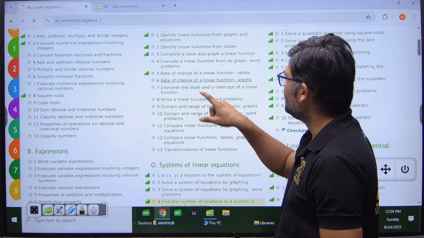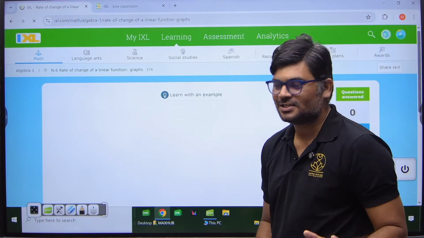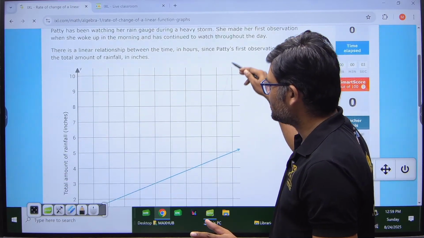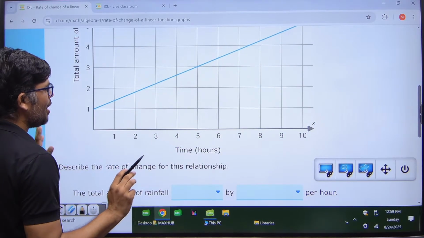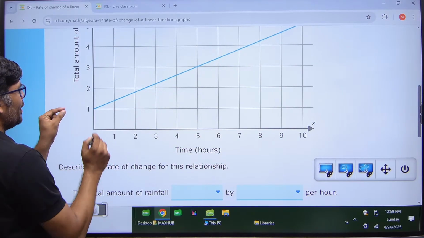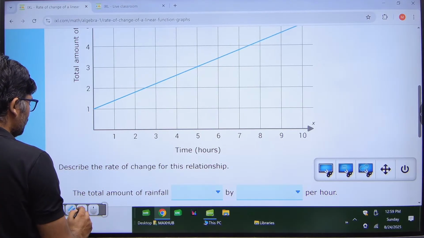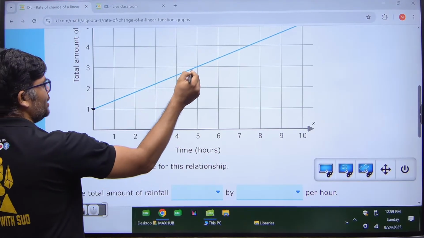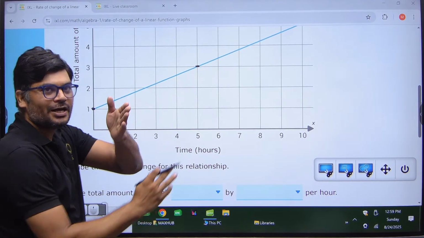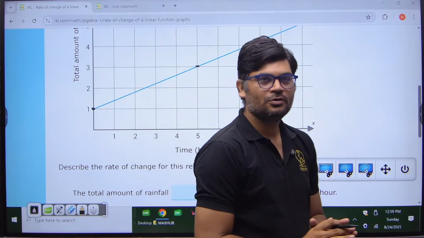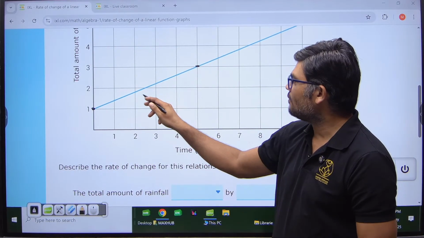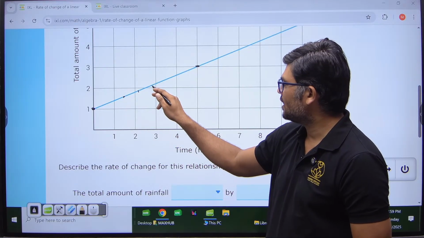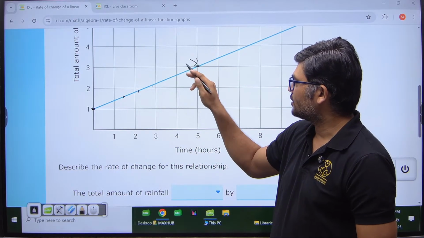Rate of change of the linear function from the graph. This is a very easy sheet and you can do this in 2 minutes. I will tell you how to find the rate of change of a linear function from the graph. So you have to find 2 points. This is 1 point and this is 2 points. You have to find the 2 points where the grid lines exactly meet. You can't take a point here or something like that. You have to find a point here.